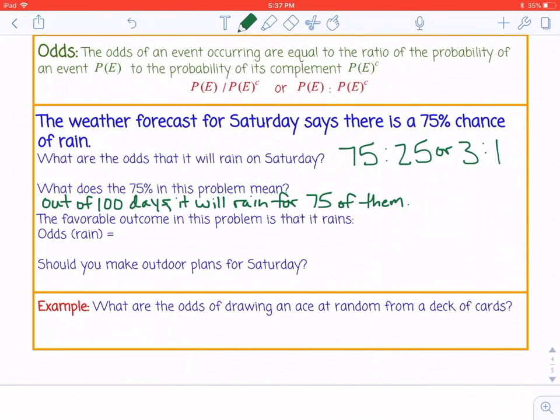That's the basic idea. So you think about it out of 100. This favorable outcome in this problem is that it rains, and we would say odds of rain are 3 to 1, just like we put in the beginning. And should you make outdoor plans for Saturday? Probably not. Depends on if you want to get wet.